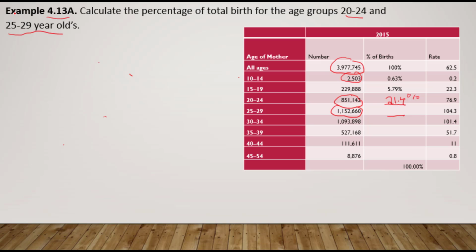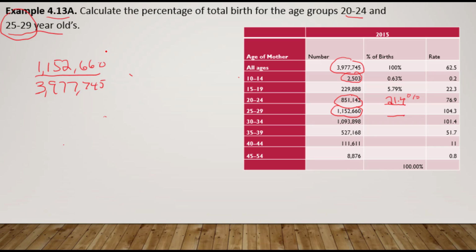So now I'm going to do 25 to 29-year-olds. I have the births from 25 to 29-year-olds, 1,152,660, divided by 3,977,745.